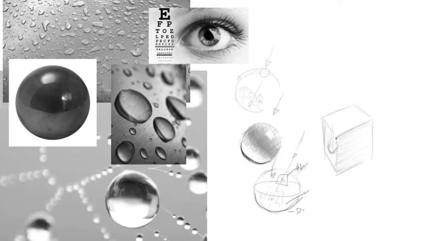The top edge of it would be dark. There's a cast shadow. And then there's a little highlight. And that's what you have. And it starts looking like a water droplet.